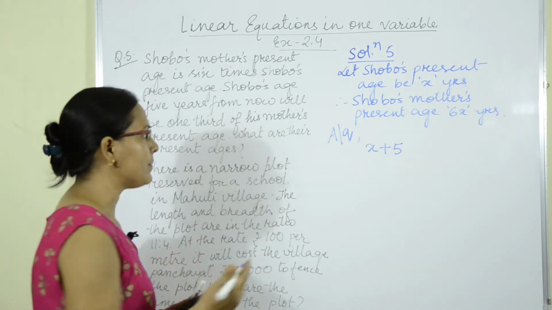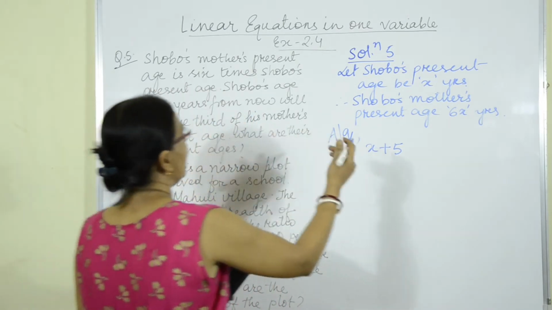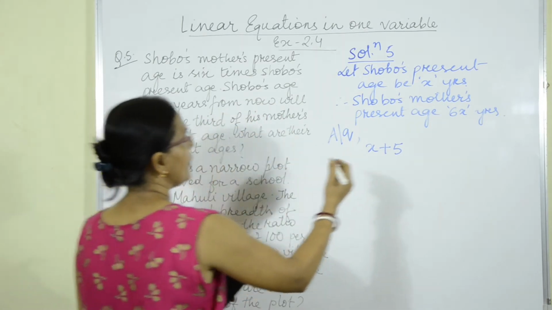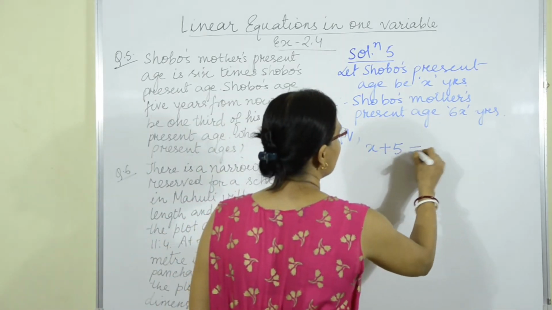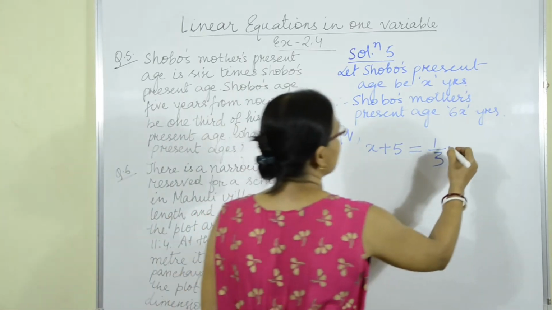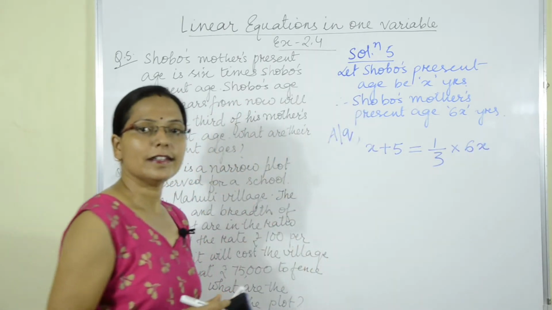So, 10 plus 5. So, here also it is x plus 5. And Shobo's age 5 years from now will be equal to 1/3 of his mother's present age. So, his mother's present age is 6x.